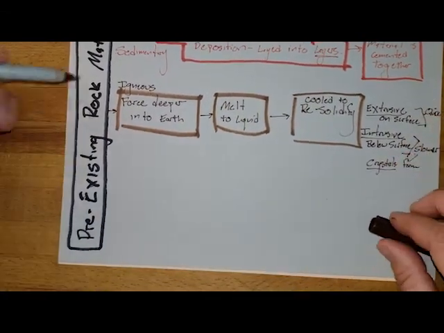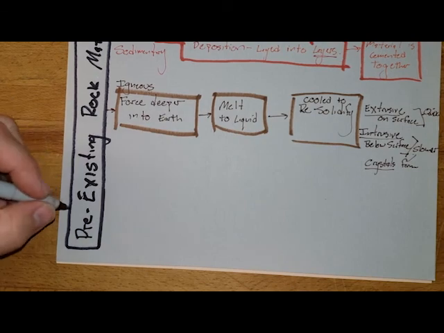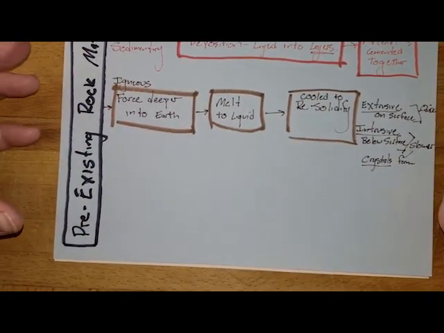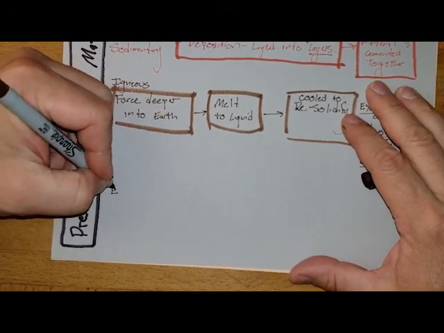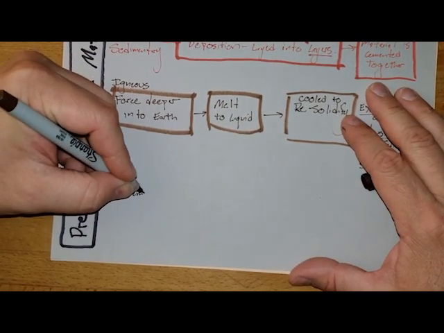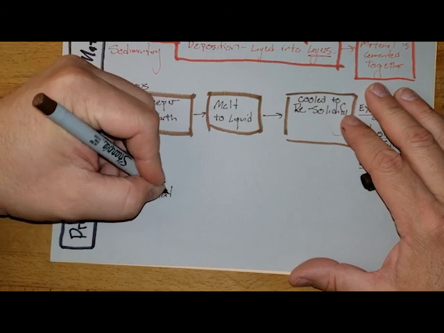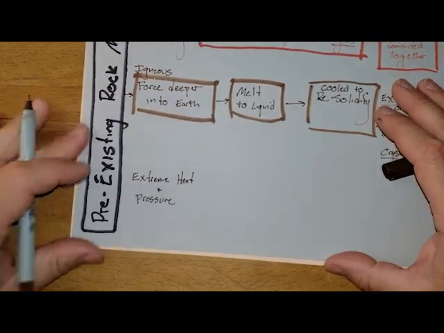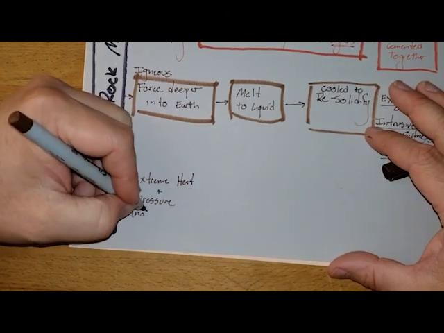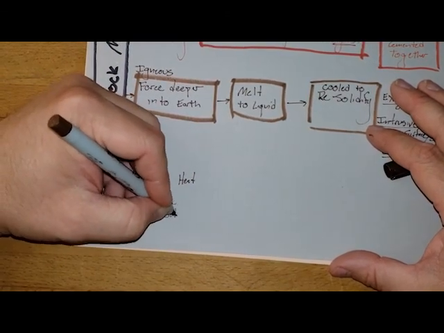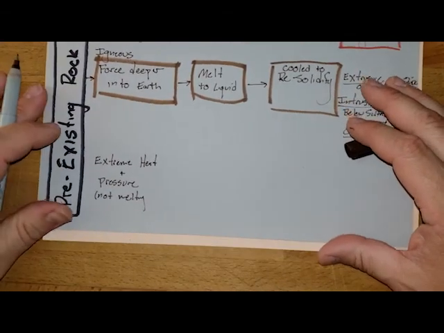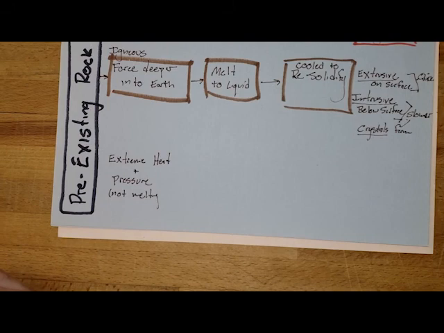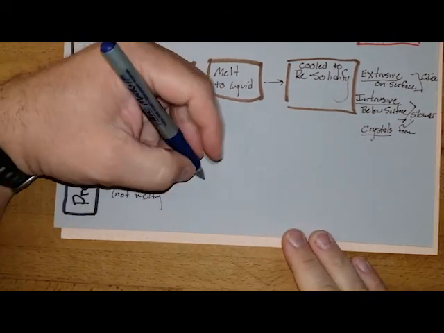Now, what happens if a rock is sent deeper down and exposed to extreme heat and pressure, but not to melting? What's important to remember is that we're not melting here. Extreme heat and pressure is actually going to start to change the form of the rock.